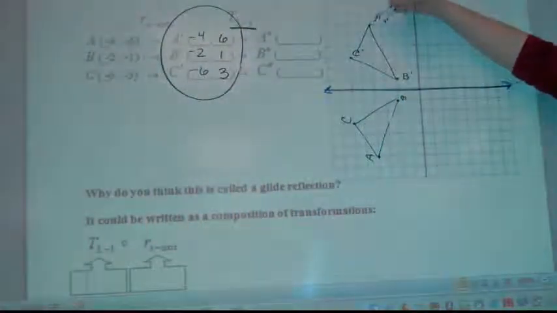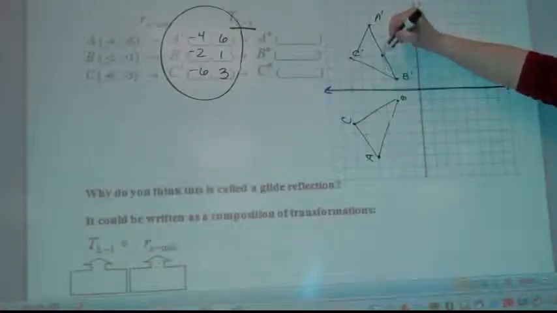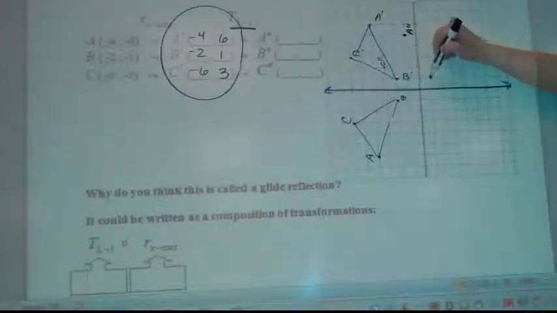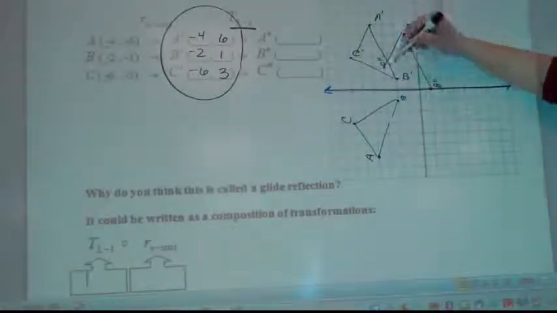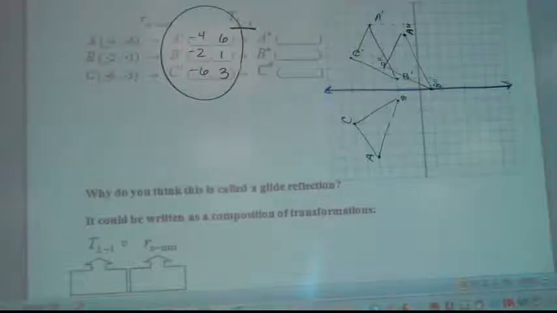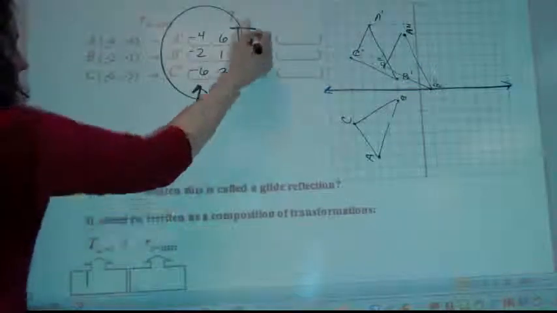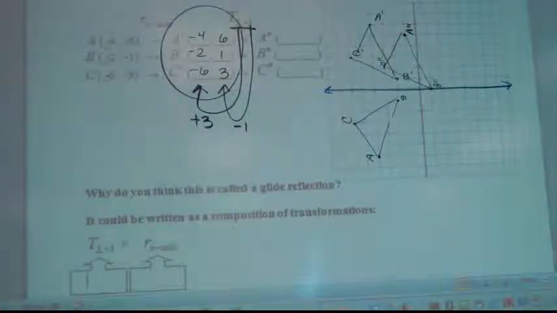And you can do this by graphing, by just saying, okay, this point goes 3 over and 1 down, double prime. 3 over, 1, 2, 3, and 1 down, double prime, 3 over and 1 down, or we could just take 3 and add it to all these x values, -1, take away 1 from all those values, and we should end up with the same coordinates. Good.